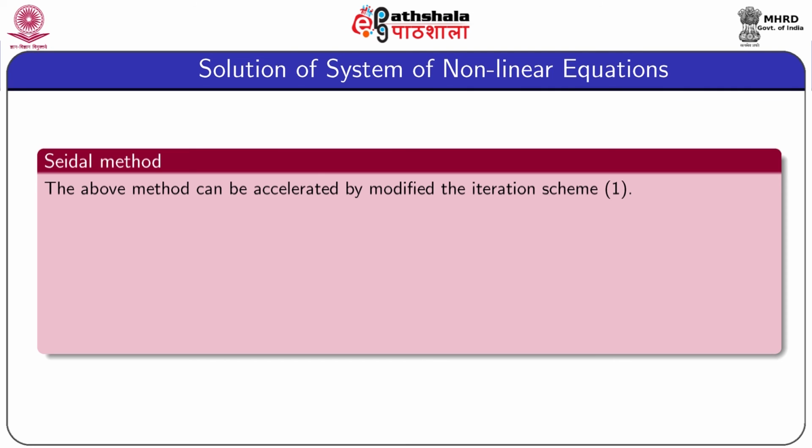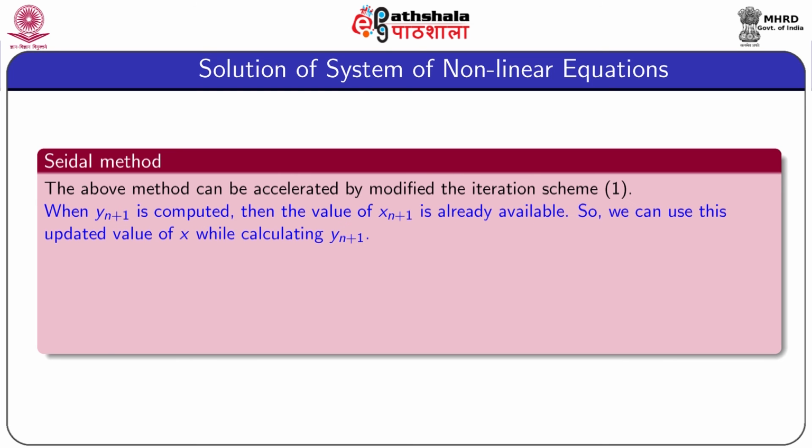Now, the above method can be accelerated by a minor modification of the previous iteration scheme 1. We can consider the new iteration scheme. When yn plus 1 is computed, the value of xn plus 1 is already available. So, we can use this updated value of x to calculate the value of yn plus 1.